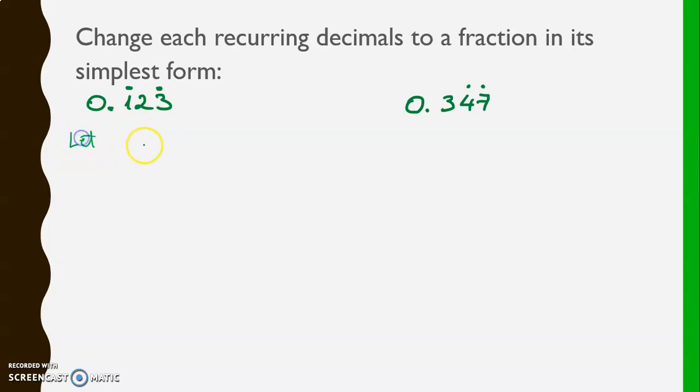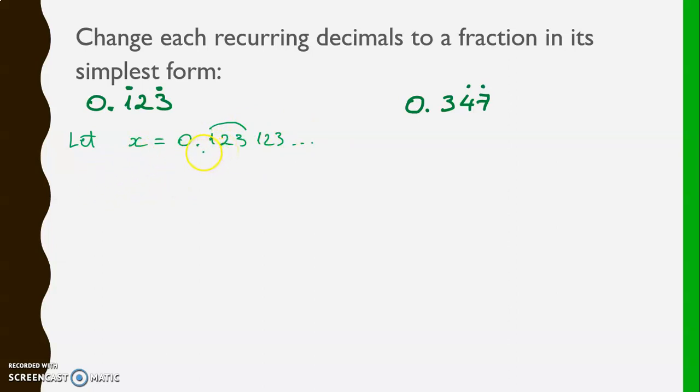Let's go. So we are going to let x be equal to 0 point, and just to make it clear, this is 1, 2, 3, 1, 2, 3. So the three digits repeat themselves.